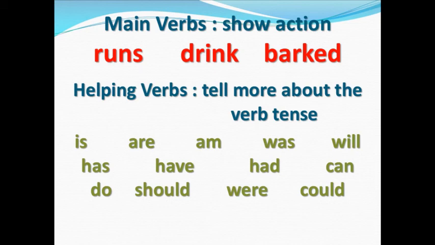We have a couple of helping verbs on our screen. The common ones are is, are, am, was, will, has, have, had, can, do, should, were, could. All of these are helping verbs. The ones on top are the main verbs: run, drink, bake.